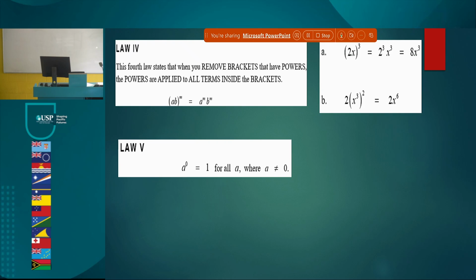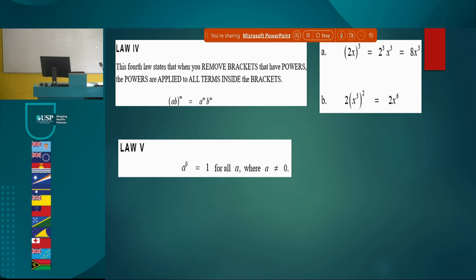Now calculate 0 to the power 0. That's why the restriction is there. A should not be equal to 0.